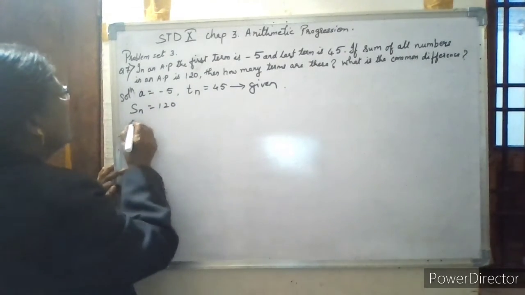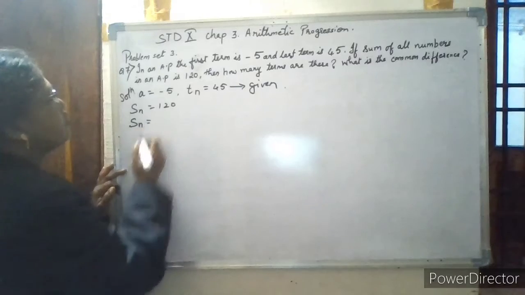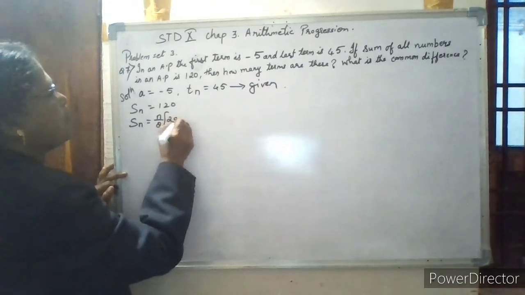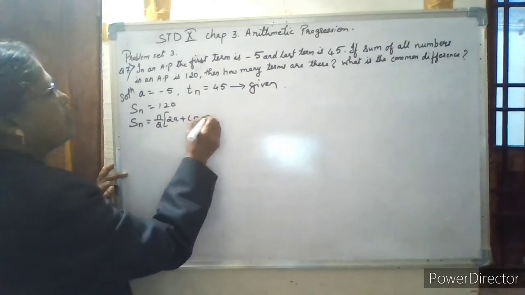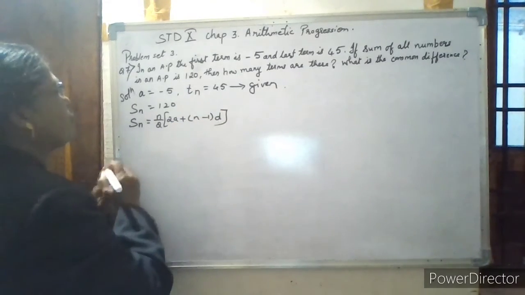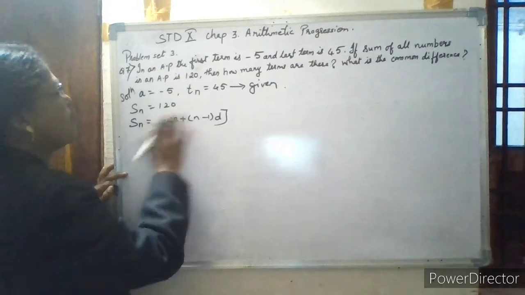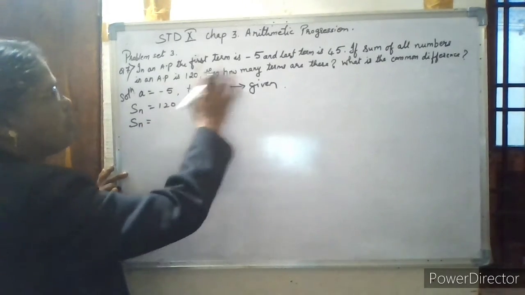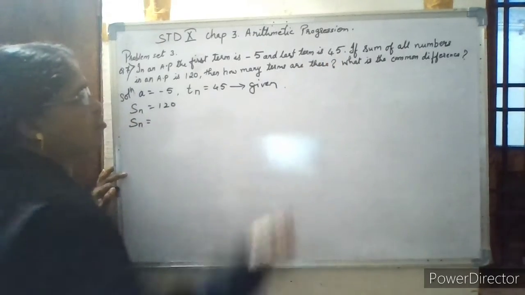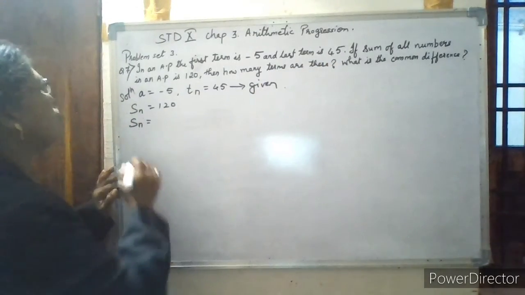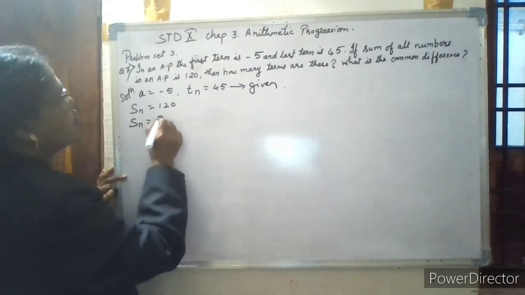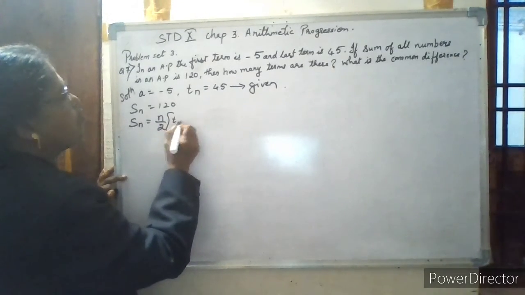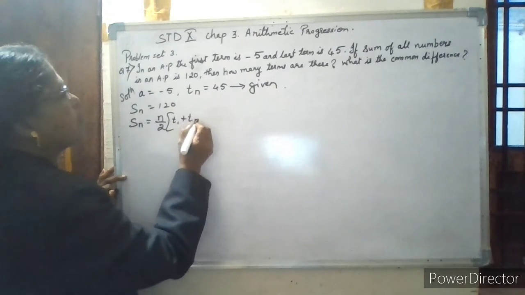So, for the sum of n terms, we generally use the formula n by 2 into 2a plus n minus 1 into d. But we have another formula: when the first term and the nth term, the last term, are given, we can use sum of n terms is equal to n by 2 into first term plus the nth term.